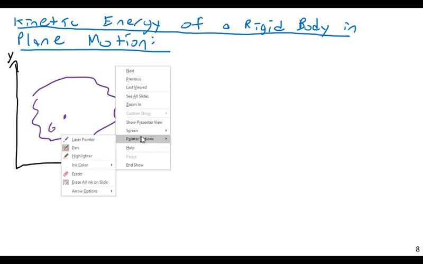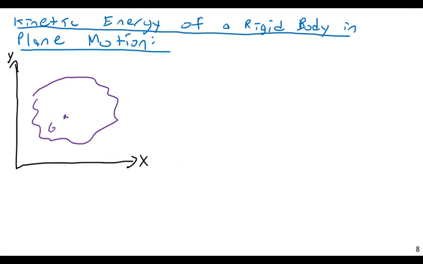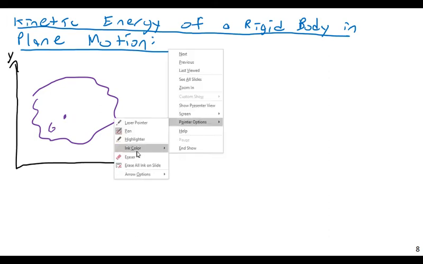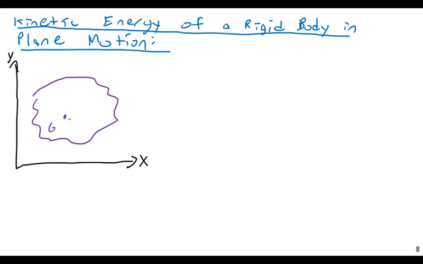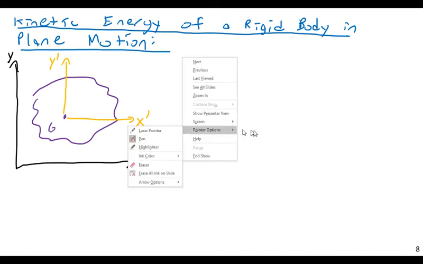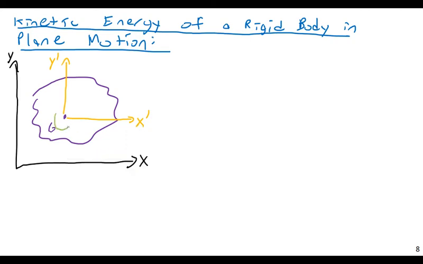And then I'll mention that we have an X prime and a Y prime axis, which are the local axes defined through the center of our potato, or if we want to be more technical, our general rigid body. X prime and Y prime here. Now let's say this thing has a certain angular velocity, lowercase omega here.